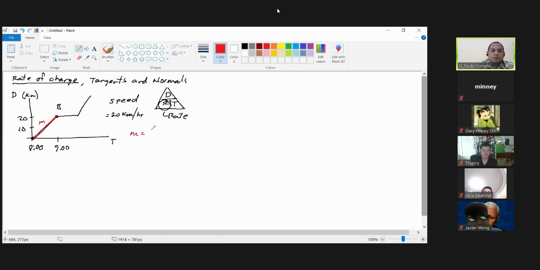Your m is equal to delta y per delta x, correct? That's the change in y going up here, your delta y, and that's your delta x. So what will be the gradient? M is equal to what?